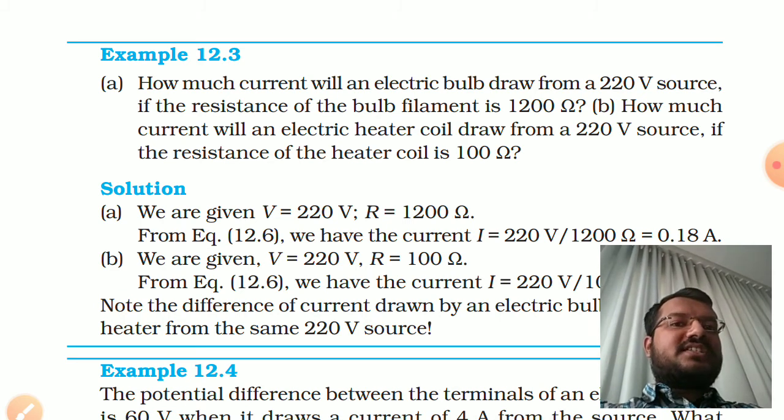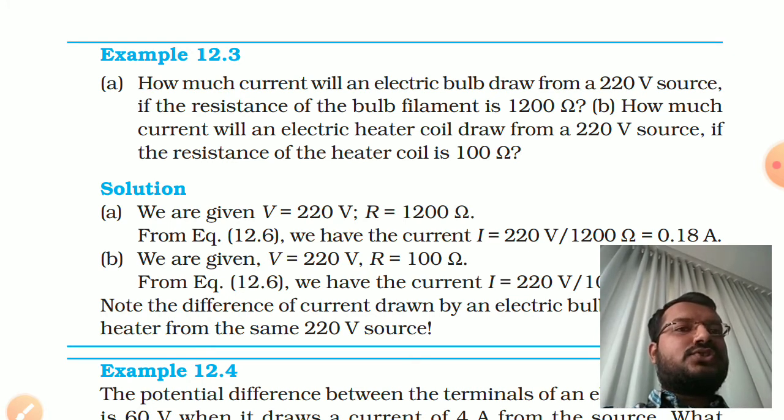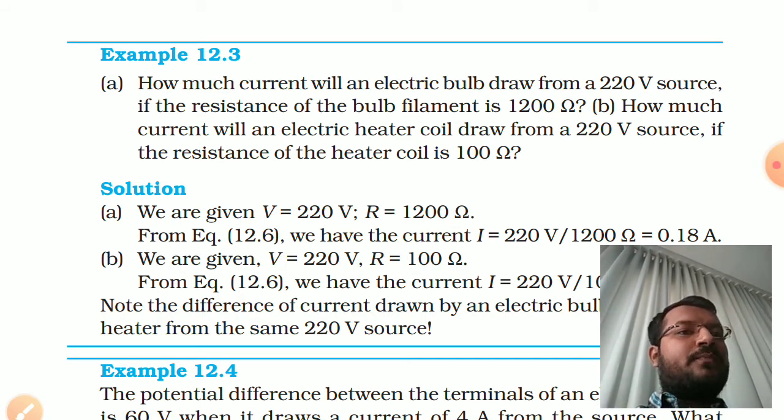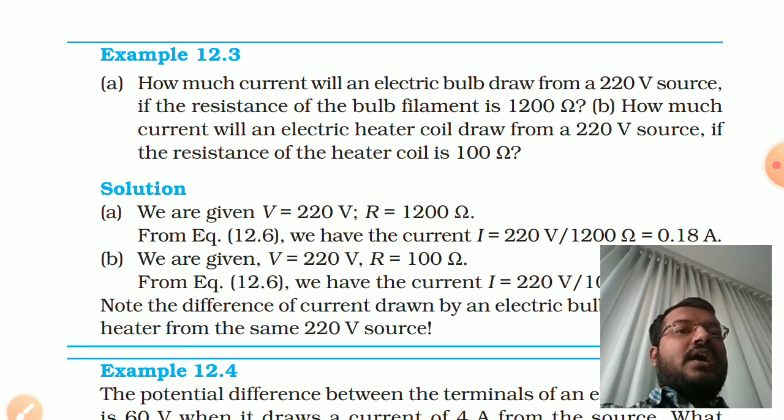Okay, so the first example is: how much current will an electric bulb draw from a 220-volt source if the resistance of the bulb filament is 1200 ohm? And how much current will an electrical heater draw from a 220-volt source if the resistance of the heater is 100 ohm?